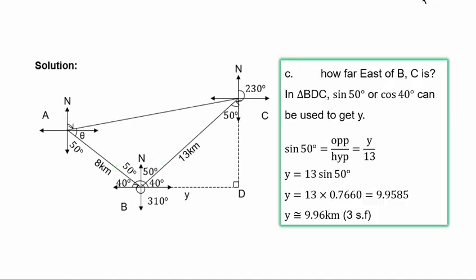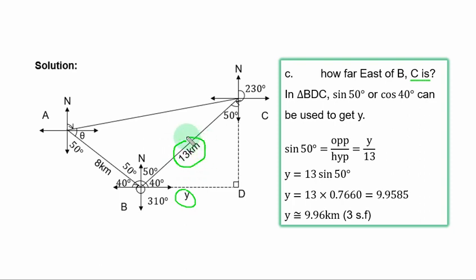Part C of the same question: how far east of B is C? That distance is denoted by y. In triangle BDC, we have to work with 13 kilometers.